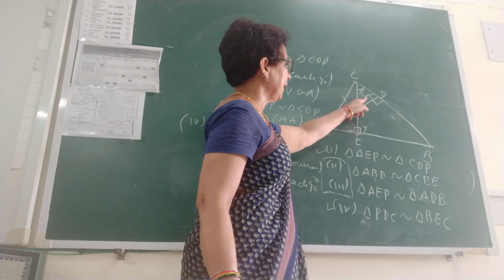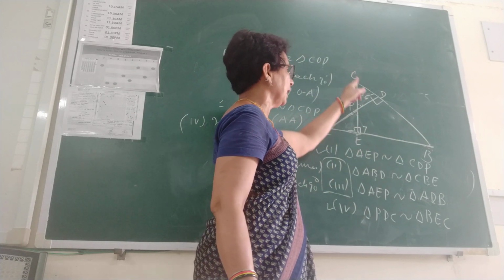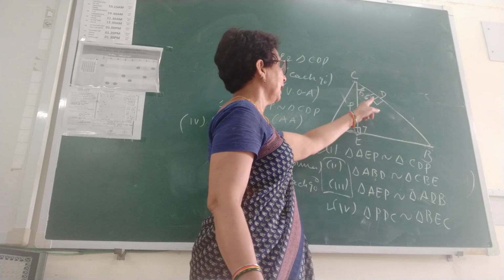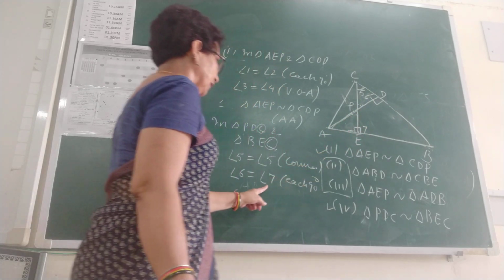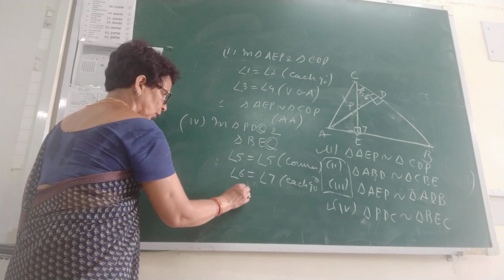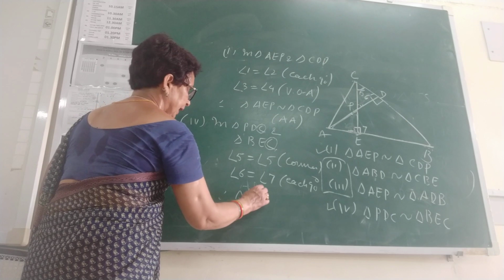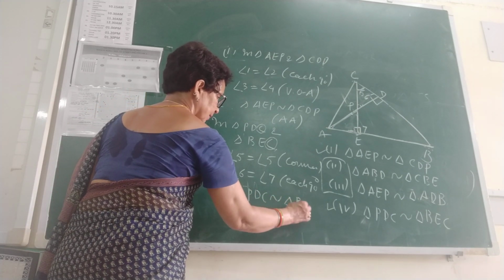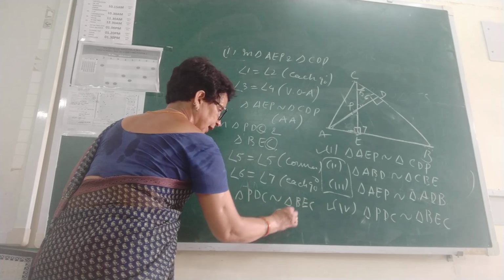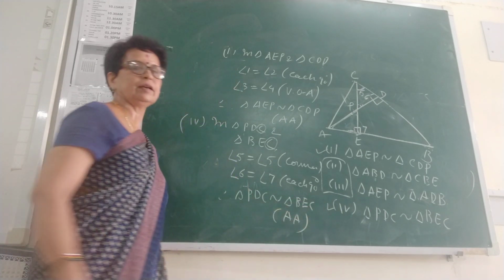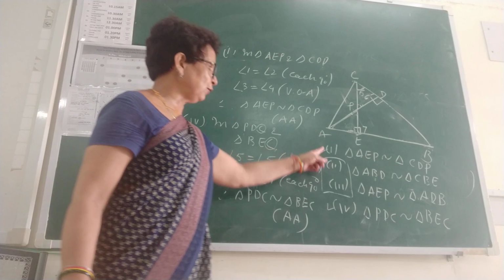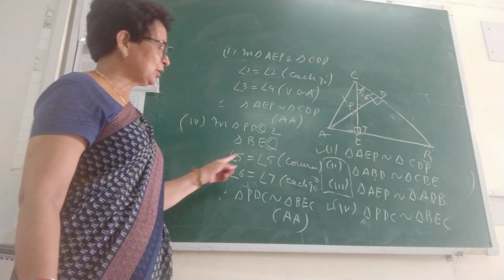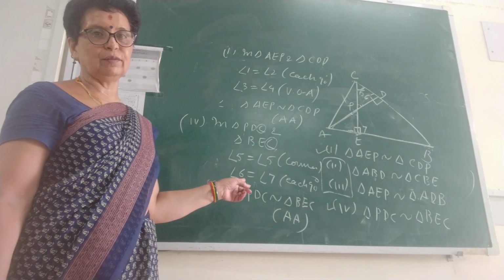In triangle PDC and triangle BEC, angle 5 we have got common, and angle 6 is equal to angle 7, each 90 degrees. Therefore triangle PDC is similar to triangle BEC by what? Again AA criteria. So the first and fourth part I did here, second and third you try yourself.